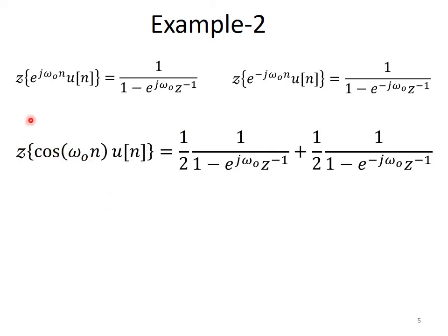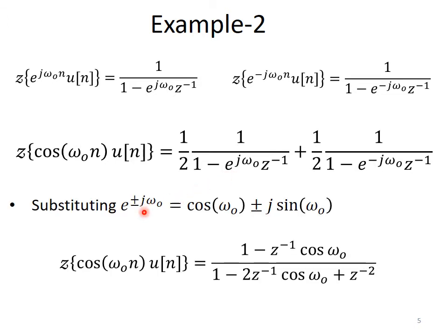So the Z transform of the entire signal would be 1 upon 2 multiplied by the Z transform of e power j omega naught n plus 1 upon 2 times the Z transform of e power minus j omega naught n into u of n. Now if you want to simplify it further, we can substitute e power plus minus j omega naught with the trigonometric functions.